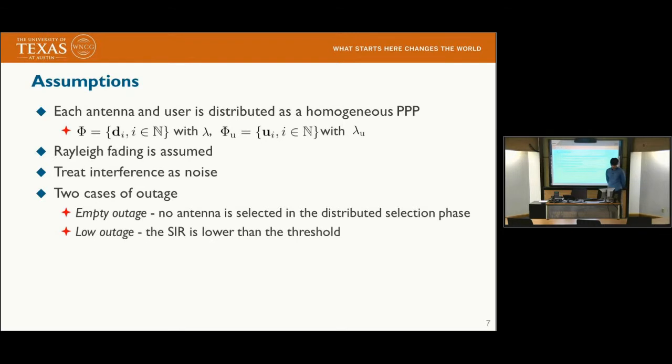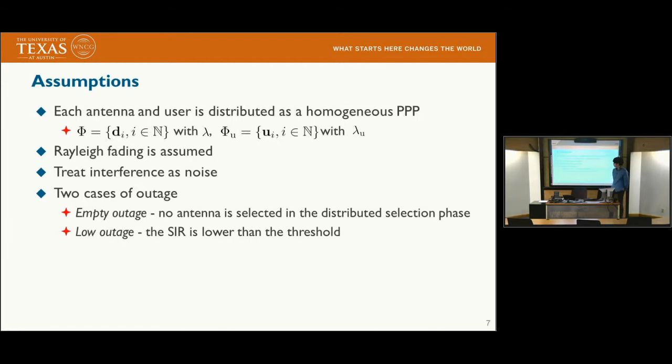To obtain such an optimal selection threshold, we model our network using tools from stochastic geometry. Each antenna and user is distributed as a homogeneous Poisson point process. Rayleigh fading is assumed, and as a decoding algorithm, we treat the other users' interference as noise.